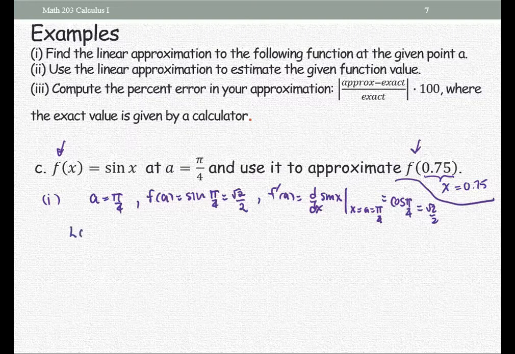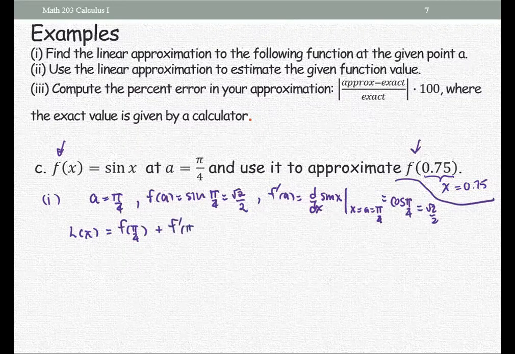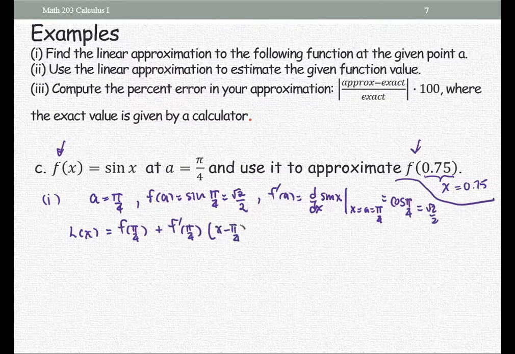So then the linear approximation, or the Lx function, is the function value at pi over 4 plus the derivative at pi over 4 as the slope multiplied by x minus pi over 4. It's not as nice as the numbers that we saw in the last two examples. So f at pi over 4 is square root 2 over 2.